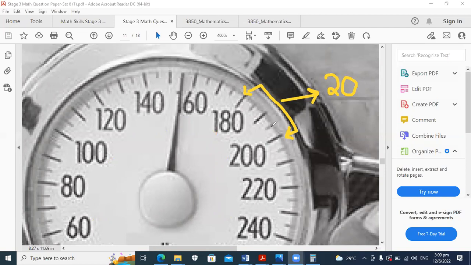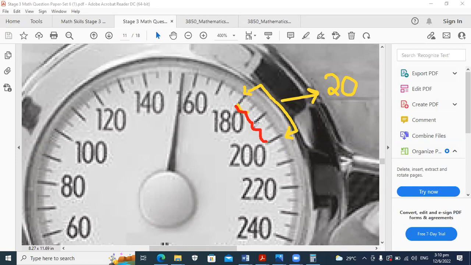So you are going to know, in between each scale, how much increments do we have? Hold on, let me try a different color. We have 1, 2, 3, 4.